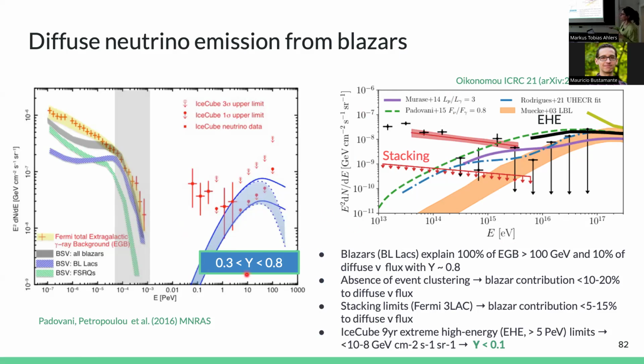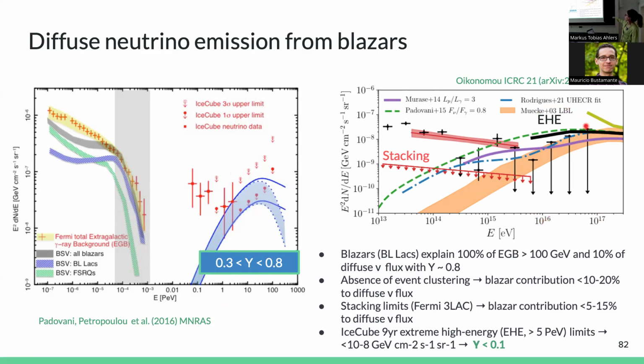This is one of the early works that we did back in the day, where we assumed that this Y parameter, this ratio between neutrino to gamma rays, was ranging from 30% to 80%. This was back in 2016 with very few, not very sensitive upper limits. But more recent results by IceCube provided these sensitive upper limits at the extremely high energies, 10 to the 16 and beyond.